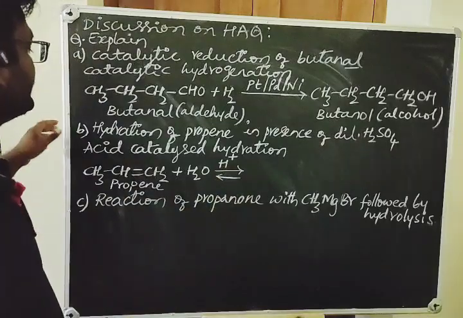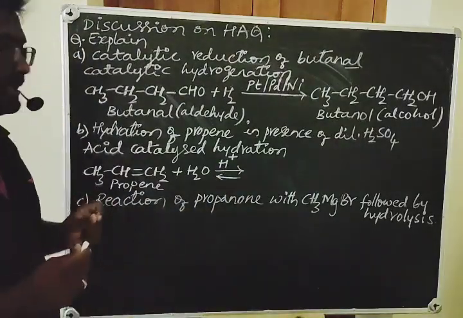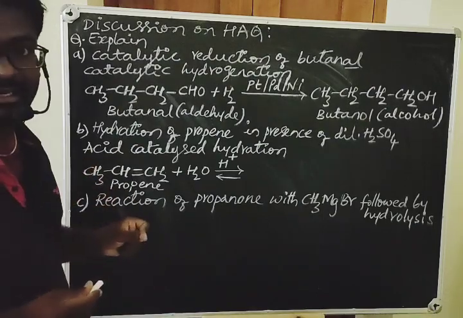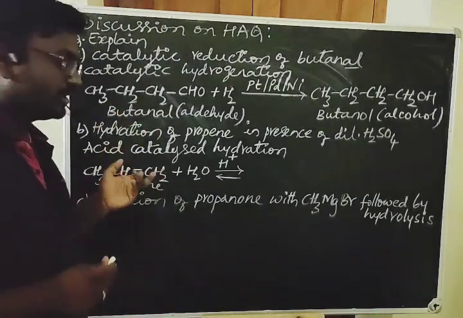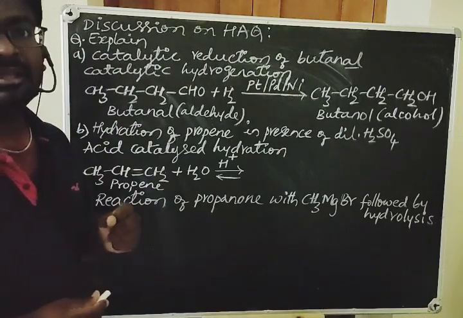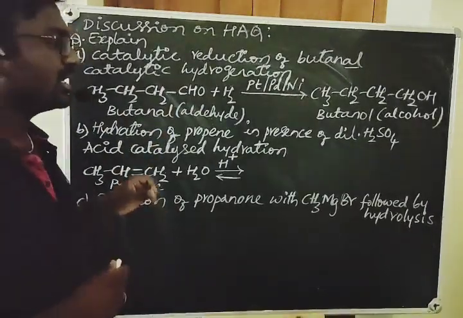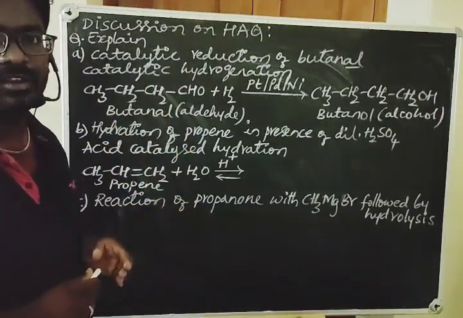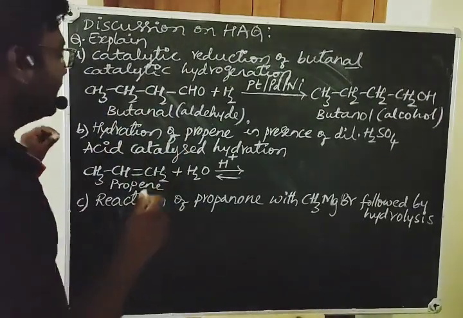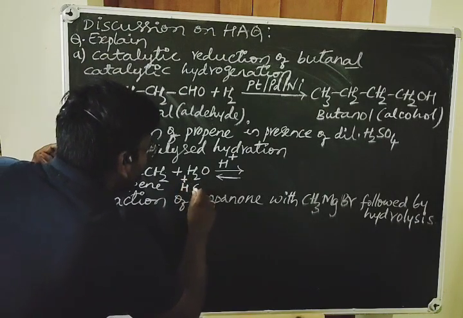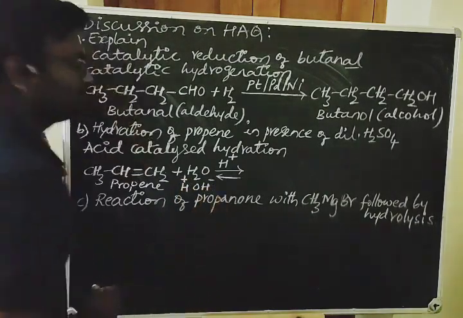Now this propene is an asymmetrical alkene. The addition of water onto the propene takes place through the Markovnikov rule, about which I have already discussed in the previous video. Here consider the water as H plus and OH minus ion.